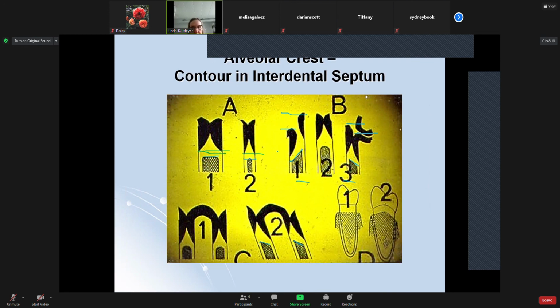Now let's look at B1. This tooth right here is not as erupted as the adjacent tooth. But if I draw an imaginary line between the CEJs, notice that that's still parallel to the alveolar crest. So what you have to be careful with on radiographs is that you don't misinterpret a slant for bone loss.